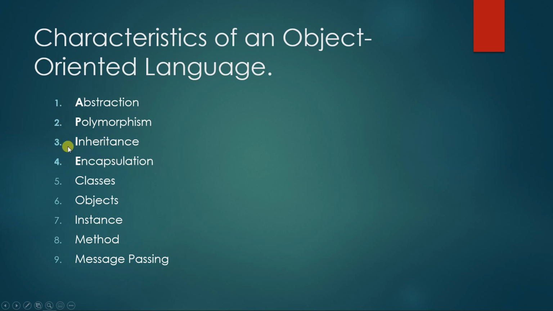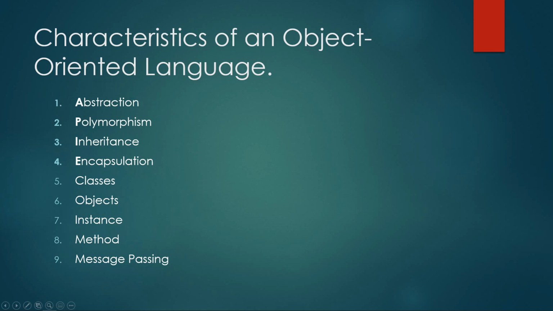These 4 are known as the 4 pillars of OOP, the 4 pillars or 4 concepts of object-oriented programming. The next few are also important, and these are also characteristics of an object-oriented language. Let me elaborate a bit on each of these.